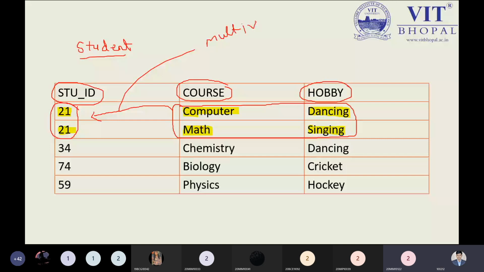So if we decompose, what would be the decomposed relations and what are the attributes in the decomposed relations? Can you tell me right now?